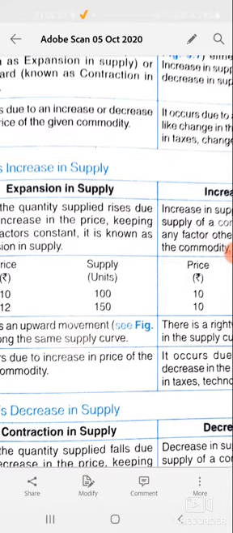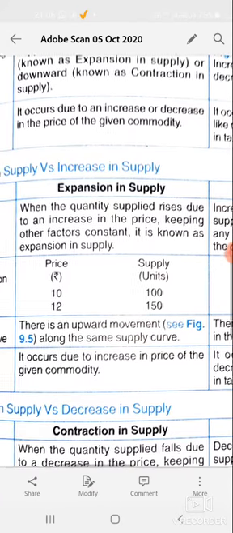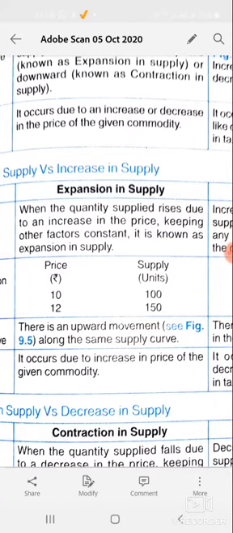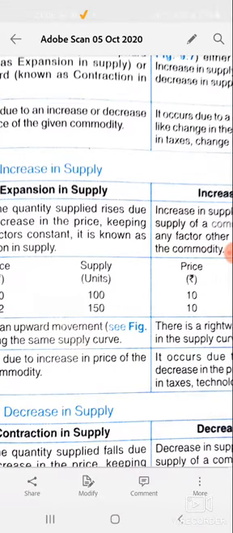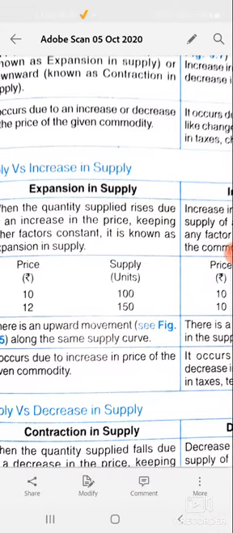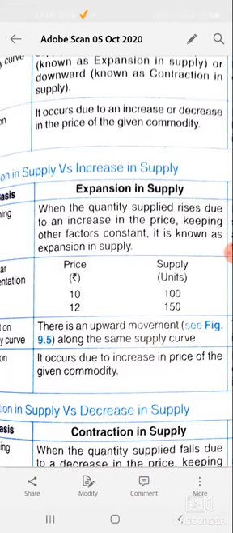Expansion and increase both look like synonyms, having similar meaning, but in economics expansion or extension is somewhat different from increase. What is the difference? In both cases, whether it is extension, expansion, or increase, supply increases, but the reason behind it is different.